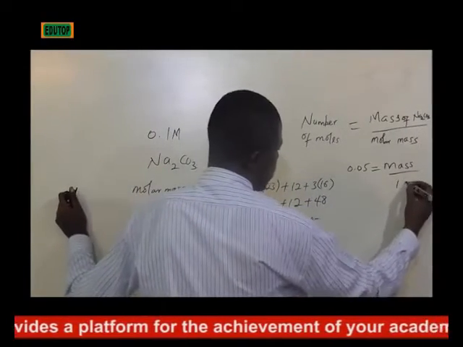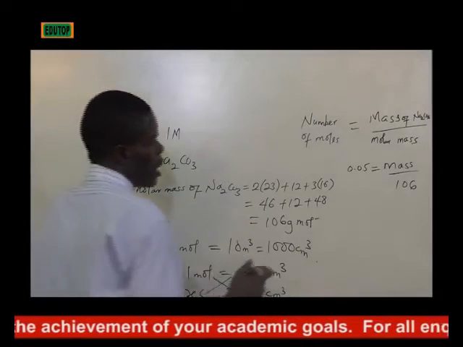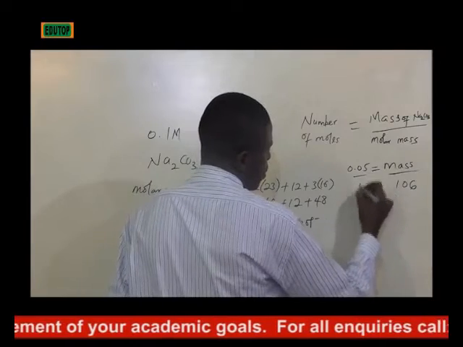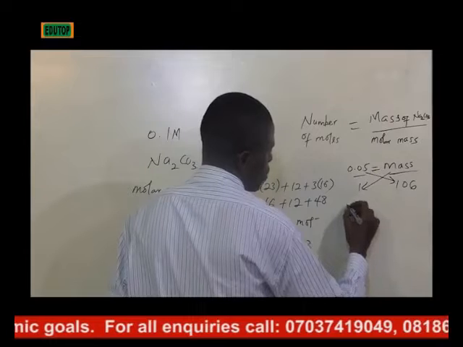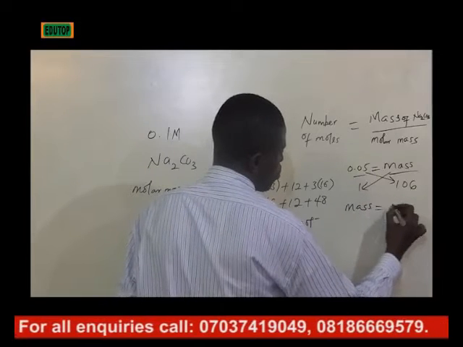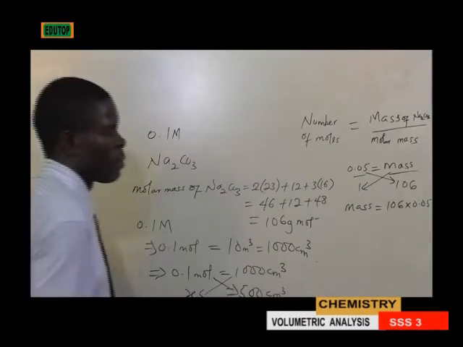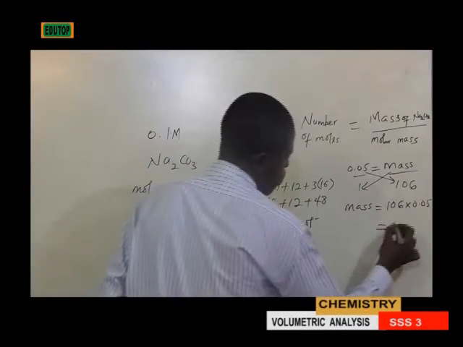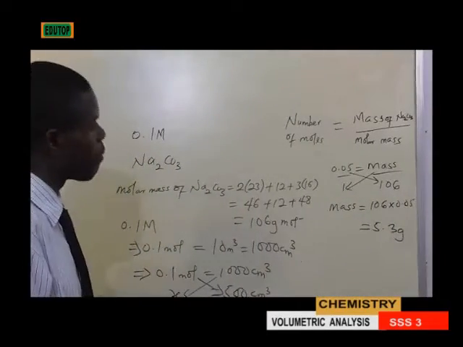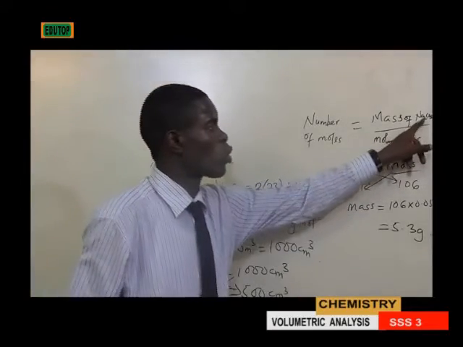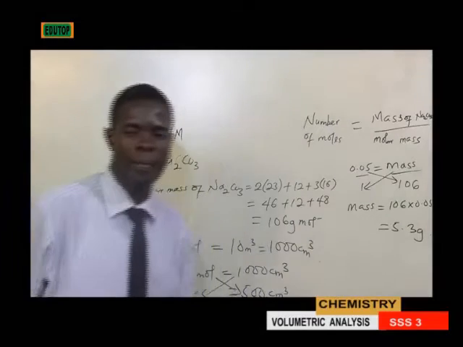The molar mass is 106. In that regard, we cross multiply. So the mass will be equal to 106 times 0.05, which is equal to 5.3 grams. So the mass of sodium carbonate involved is 5.3 grams.